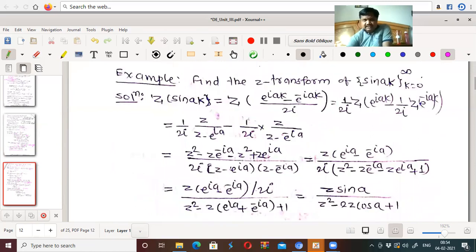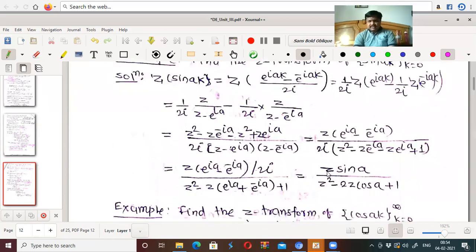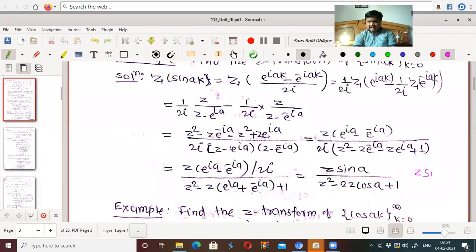The z transform of sin ak is z into sin a upon z square minus 2z cos a plus 1. What will be the z transform of sin 4k then? Z into sin 4, a is 4, divided by z square minus 2z cos 4 plus 1.